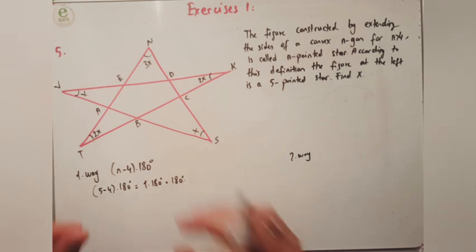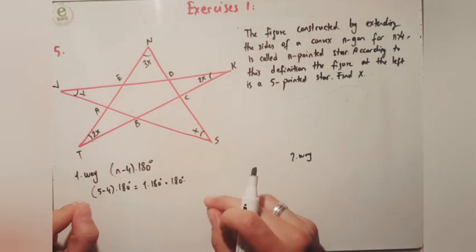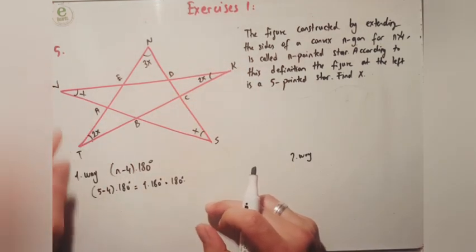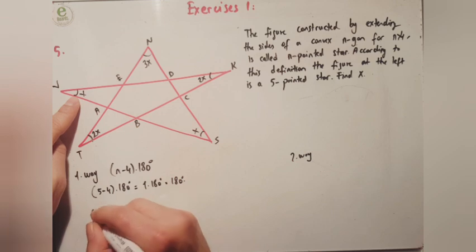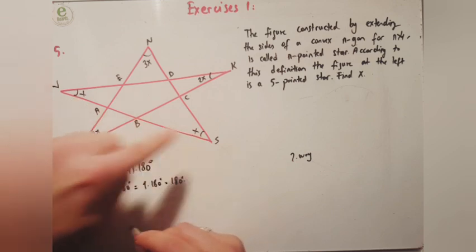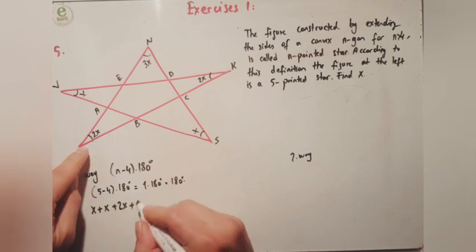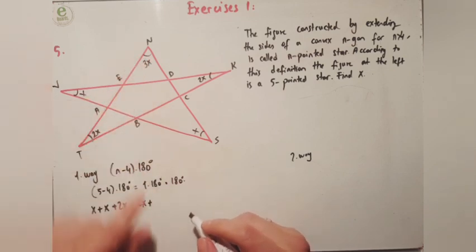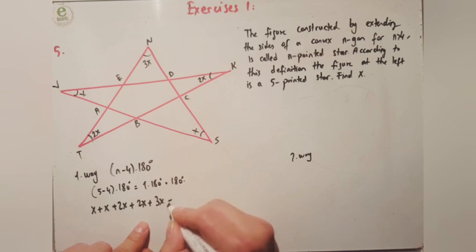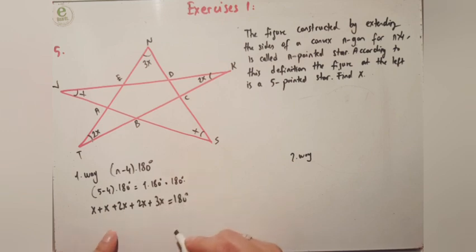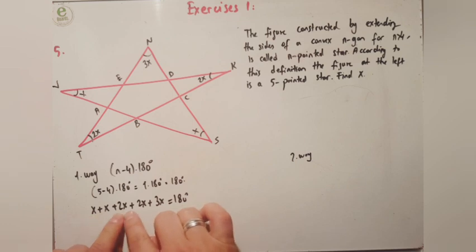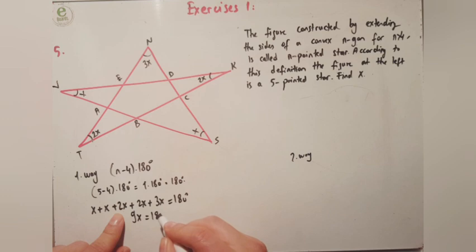So when we write the interior measures of this 5-pointed star, we will have x plus 2x plus 2x, and here the measure of angle N is 3x, equal to 180. x plus x, 2x, 4x, 6x, and 9x is equal to 180 degrees. And we will have x is 20 degrees.